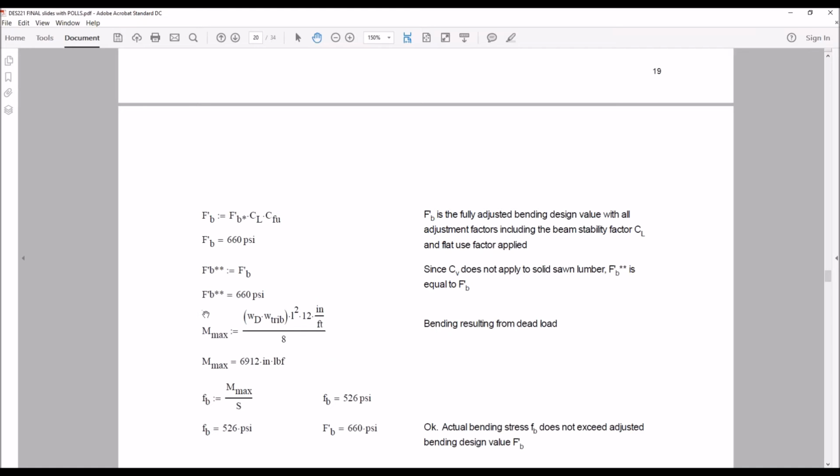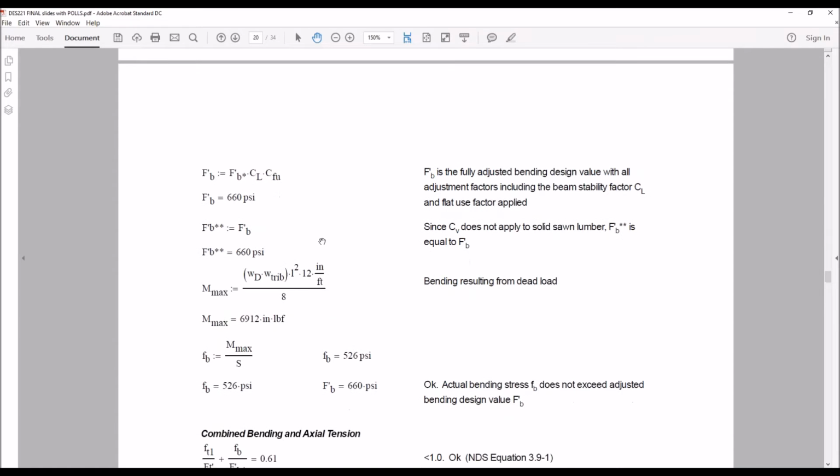It was included in this MathCAD analysis because we can use it to apply to glulams with minimal modifications. But for this example, it's just equal to F sub B prime because we don't have a C sub V factor. So that's a roundabout way of saying that our F sub B prime and our F sub B double star would be the same value.